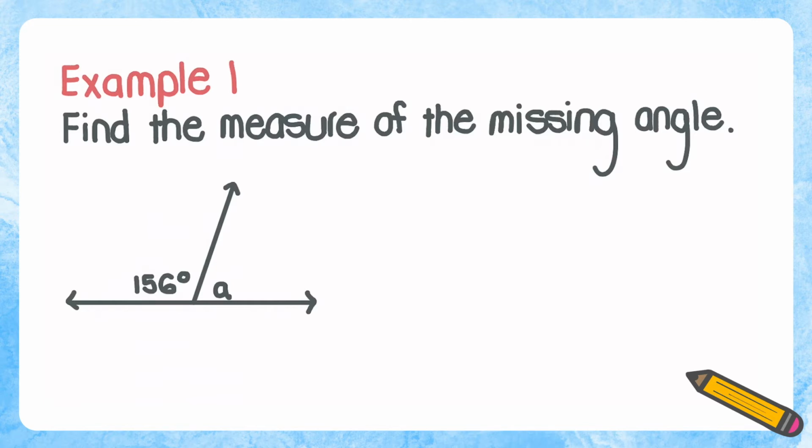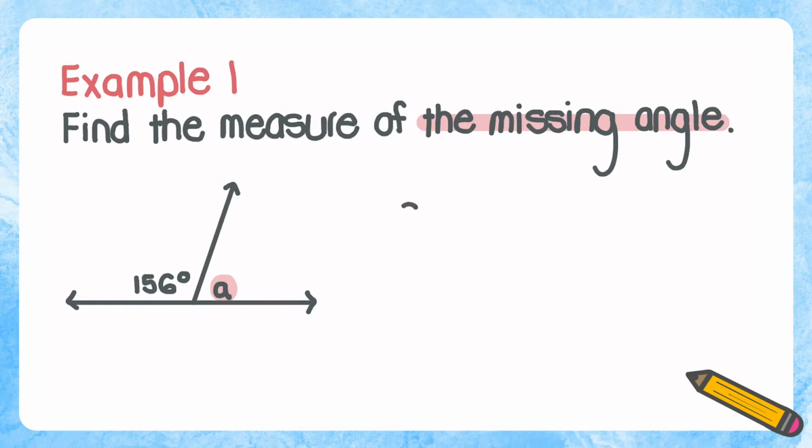Here's our first example. Notice we are given one angle, but not the other angle. We have to find the measure of the missing angle, which is this angle right here. Notice how angle A and the 156 degrees are supplementary angles because they create a straight angle.